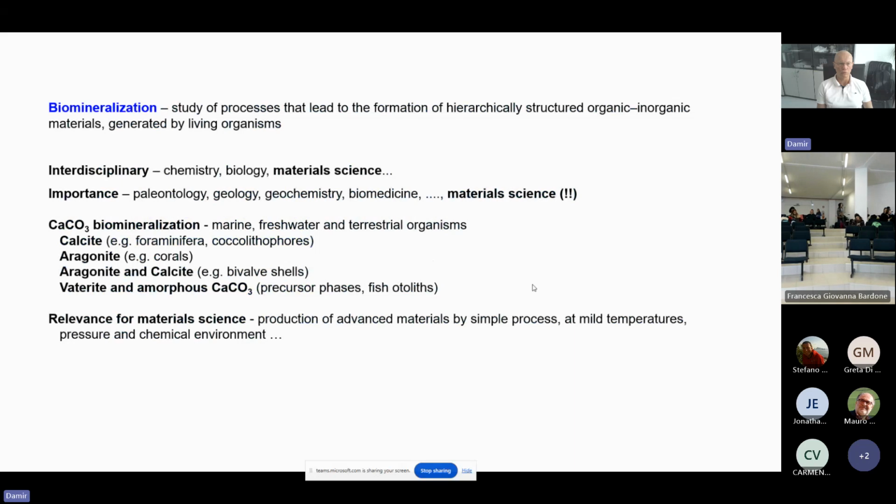So I know that you know a lot about biomineralization. You have good professors to give you lectures about that. But I'll make a small introduction to biomineralization. Biomineralization is defined as the study of processes that lead to the formation of structured organic or inorganic materials which are generated by living organisms.